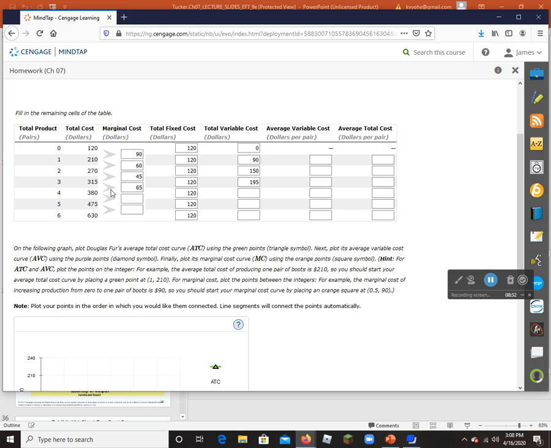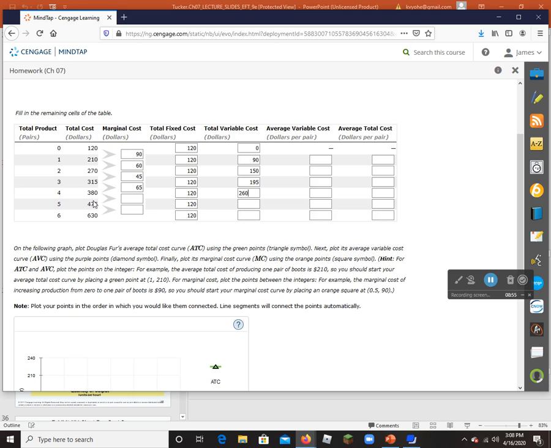I'm sorry, $380 in total cost, TC, total cost $380, minus the $120 in fixed costs. That's going to leave us $260 in total variable costs. We'll go to the next one.